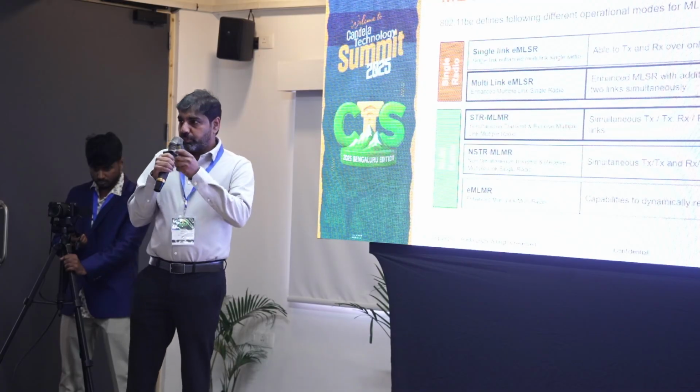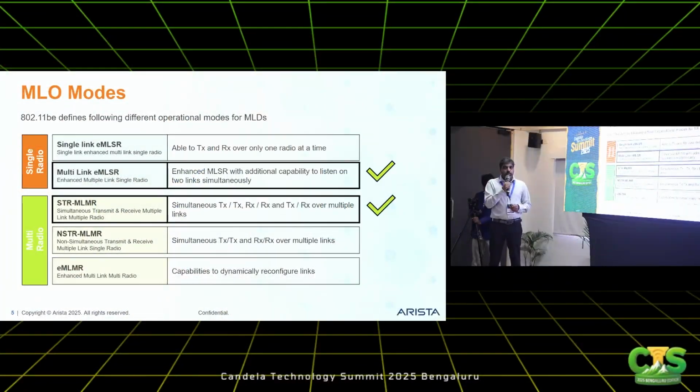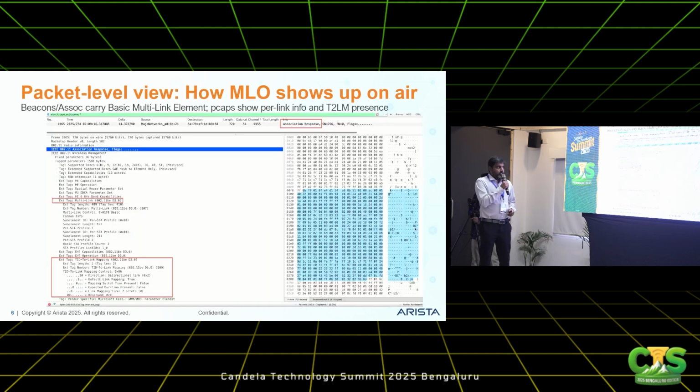These are the practical MLO modes available today, but out of all these modes, STR MLMR and EMLSR are the most practical solutions. If you take a couple of clients, be it Google Pixel or iPhone, it's going to support one of these modes of operation.